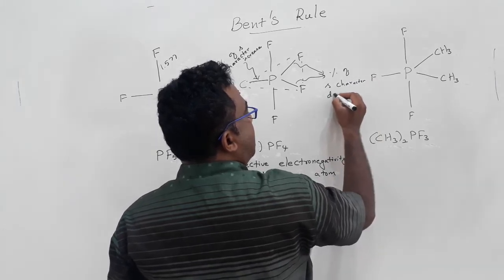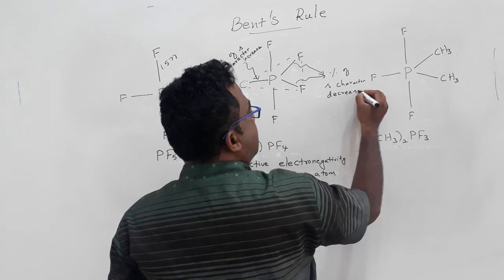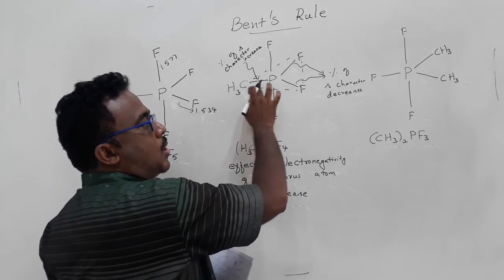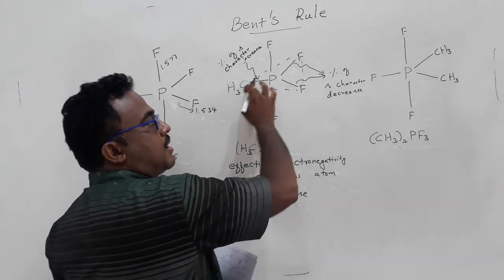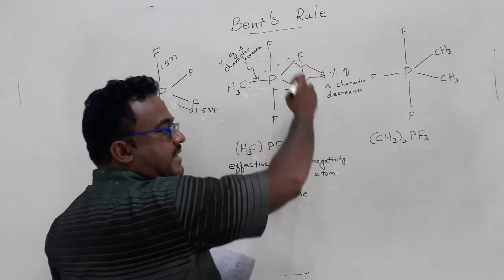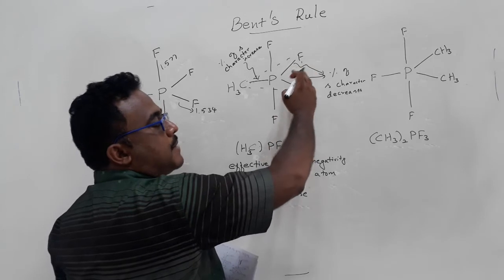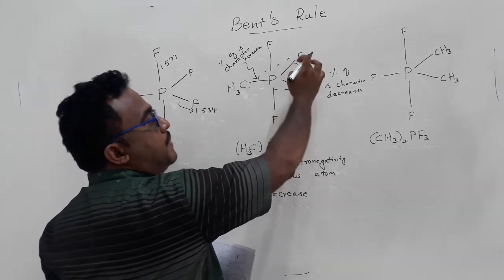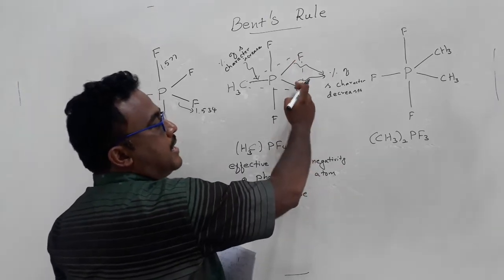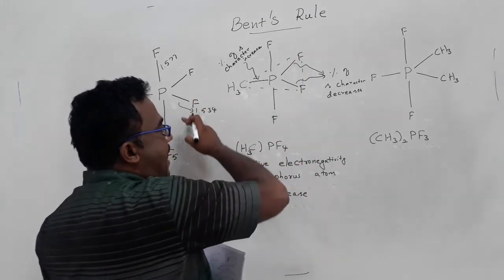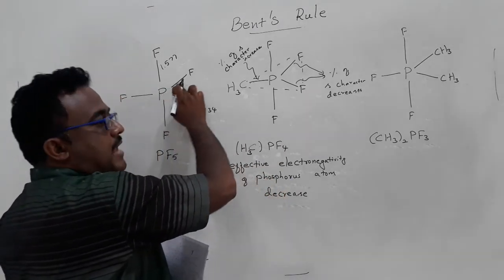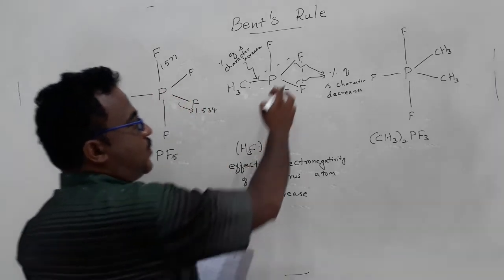If the percentage of s character increases, it can undergo strong overlap and form a stronger bond; if it decreases, it can't form a stronger bond. So the bond length should be longer. These two equatorial PF bond lengths should be longer in comparison with the equatorial PF bond length in phosphorus pentafluoride. So what is the bond length here?